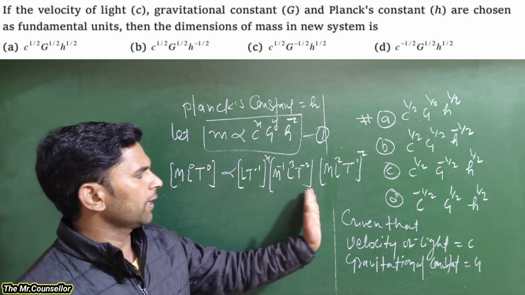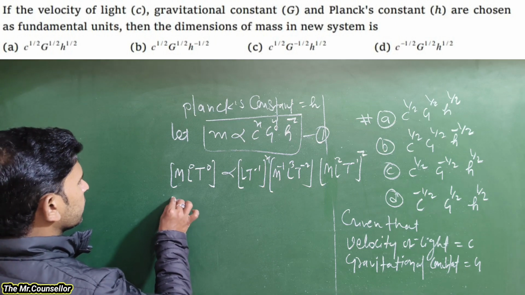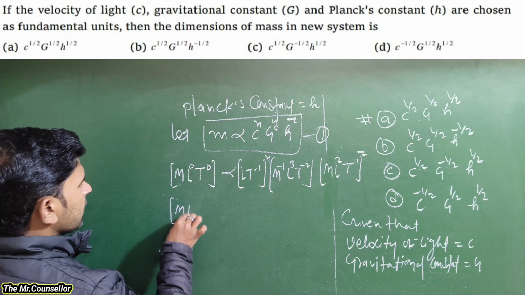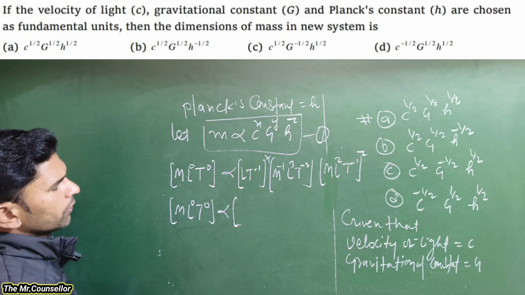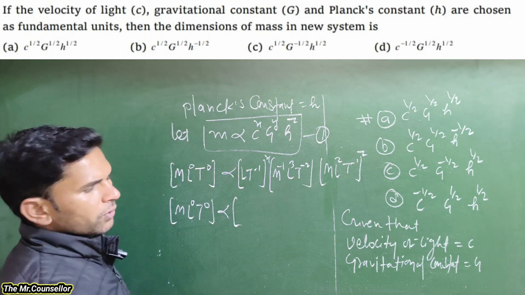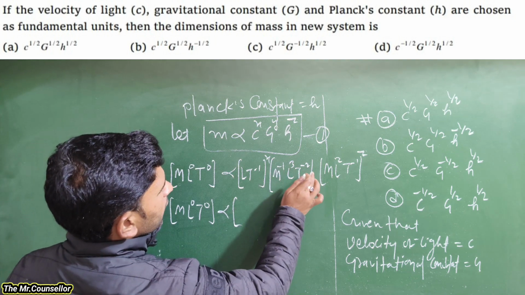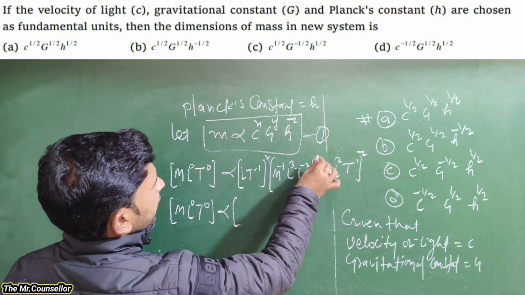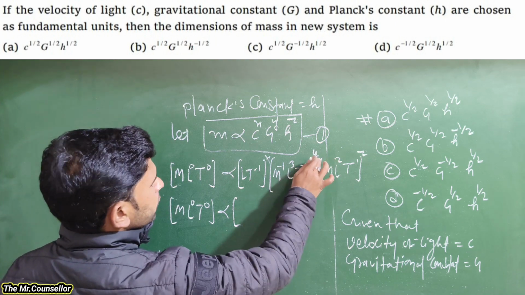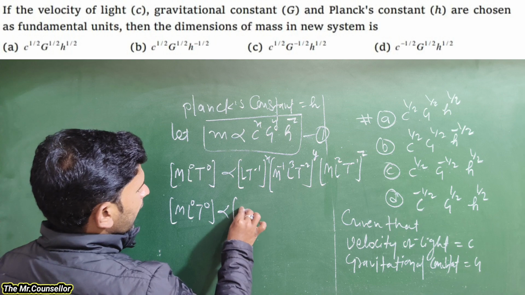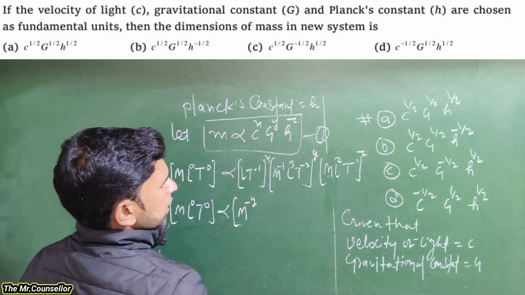If you have written like this, how can we solve it? First arrange M, L naught, T naught, with proportionality. First arrange the mass. Here is M minus 1 with power y, so M power minus y, and here M power z.